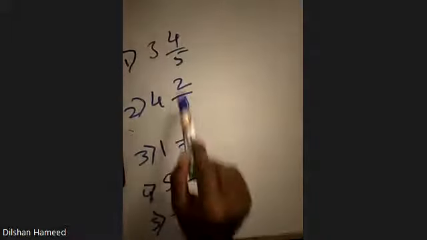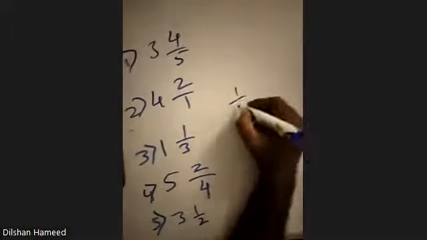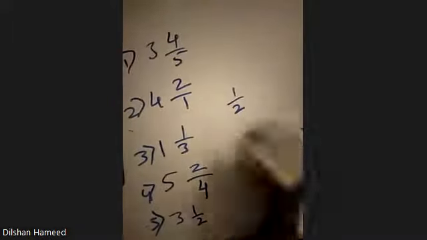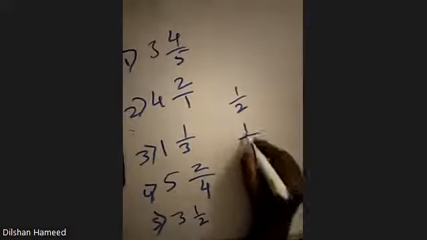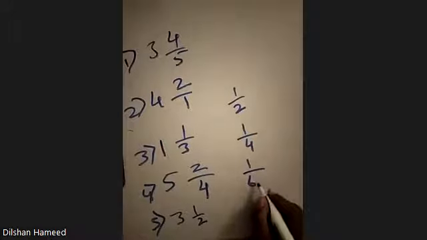So you call this 3, 4 upon 5. This is 4, 2 upon 1, 1 upon 3, 5, 2 upon 4, 3, 1 upon 2. So you usually say 1 upon 2, you can say 1/4, and you say 1/6. This you call 1/6.